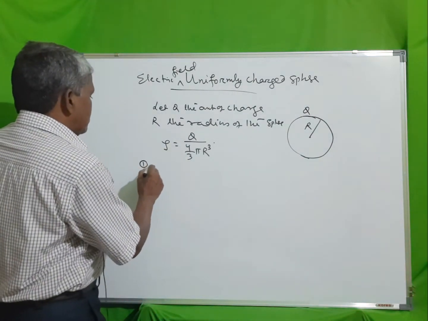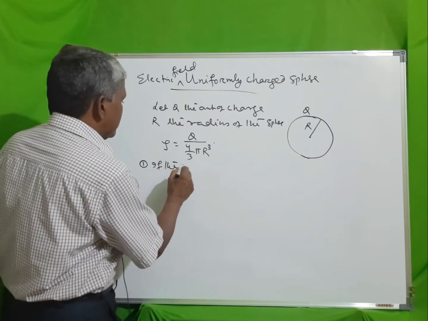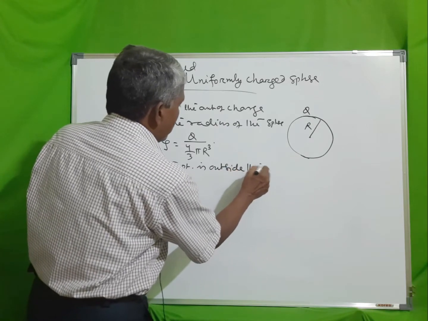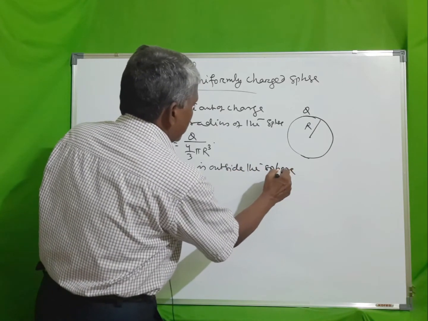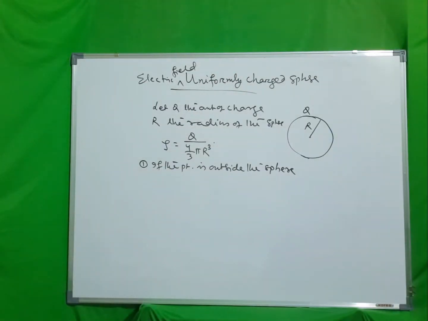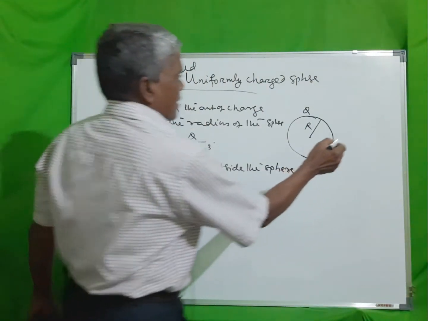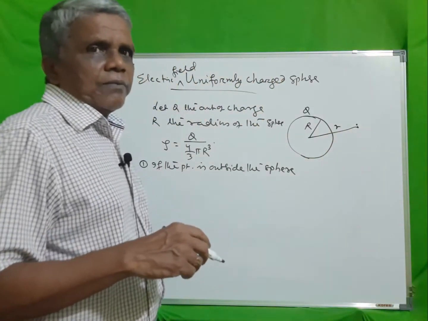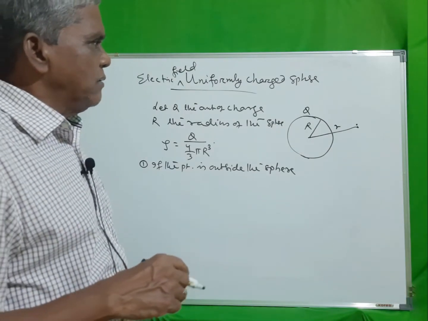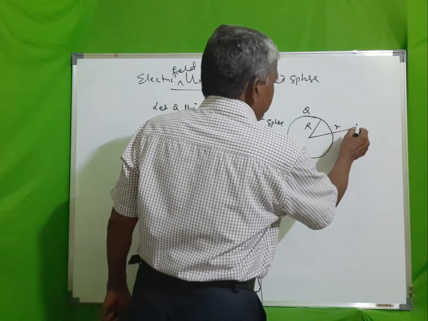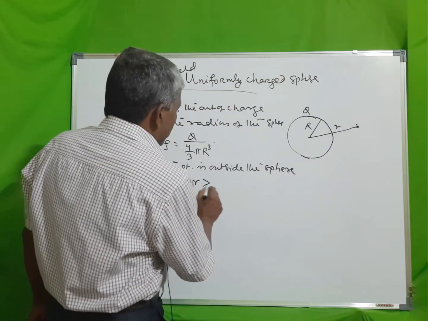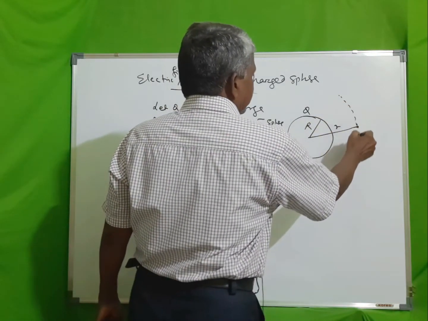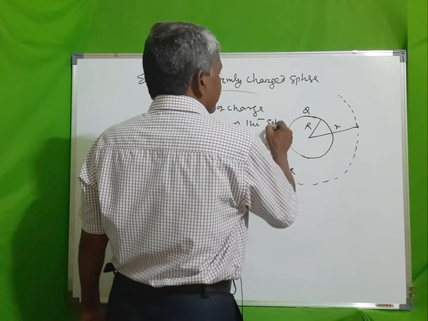Case 1: if the point is outside the sphere. Let us take a point at a distance r outside the sphere, meaning small r is more than capital R. Now imagine a Gaussian surface at that distance.